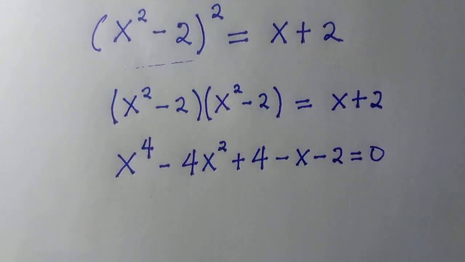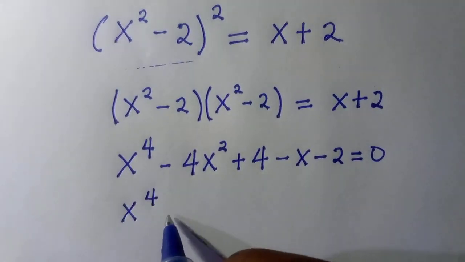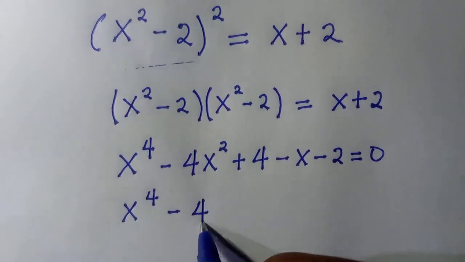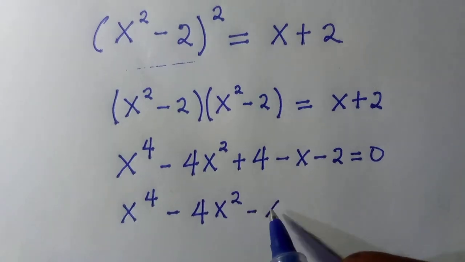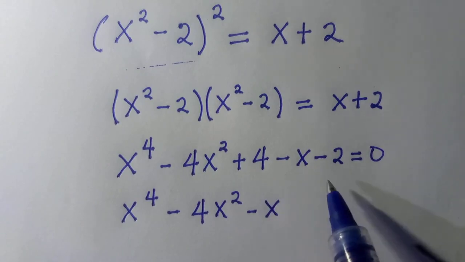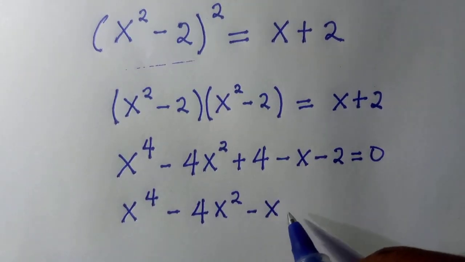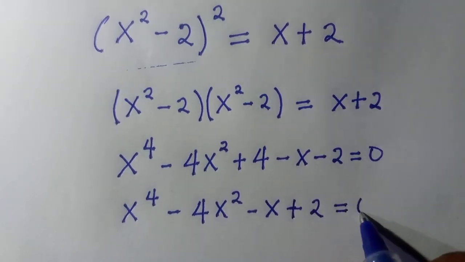So having this, we have x⁴ − 4x² − x, then here we have +4 − 2, that gives us +2 = 0.